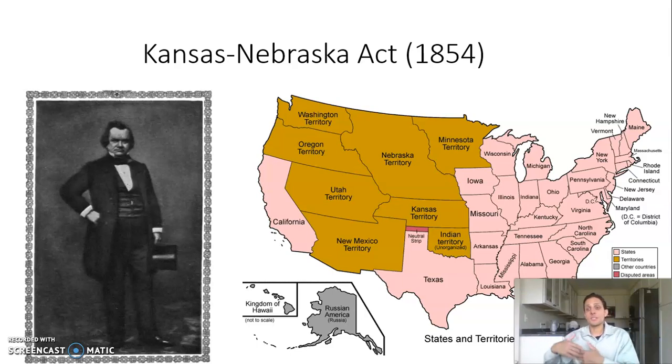And it filters over into Congress as well. If you remember the event called the Crime Against Kansas, where you have congressmen fighting on the Senate floor. And so this kind of violence is permeating society around this sectional division, around this issue of slavery and whether it should be allowed or not allowed.